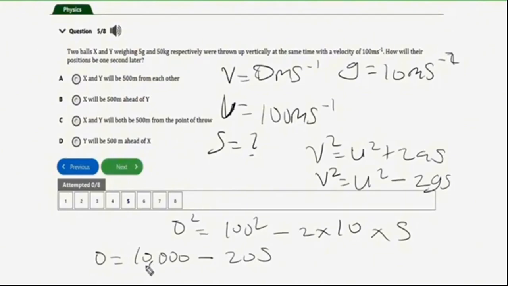Alright, we're making progress. So now we want to make x the subject of the formula. So this minus 20x will cross over the equality sign and we change it to plus 20x. So we are left with 20x equals 10,000. Divide both sides by 20.